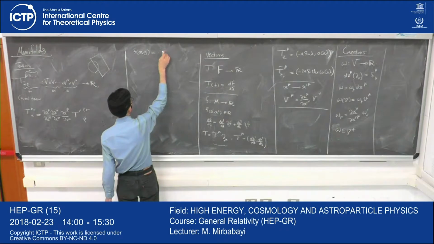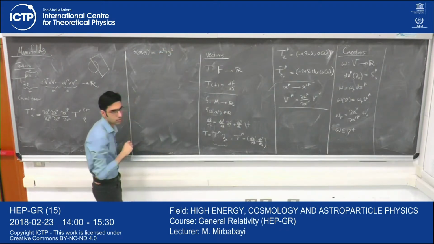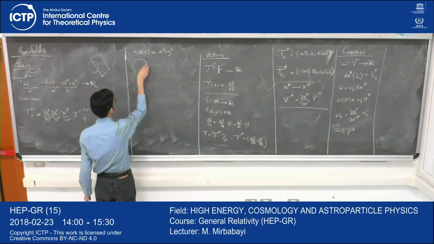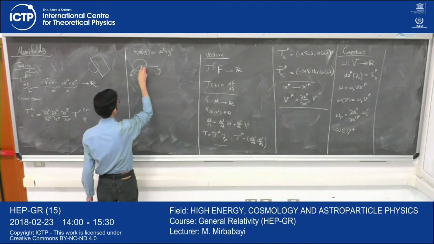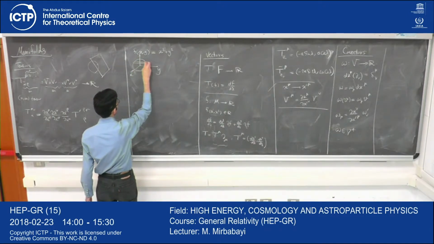Say f of x and y is x squared plus y squared. Consider this function on the sphere. Then the lines of constant f are actually the latitudes, right?